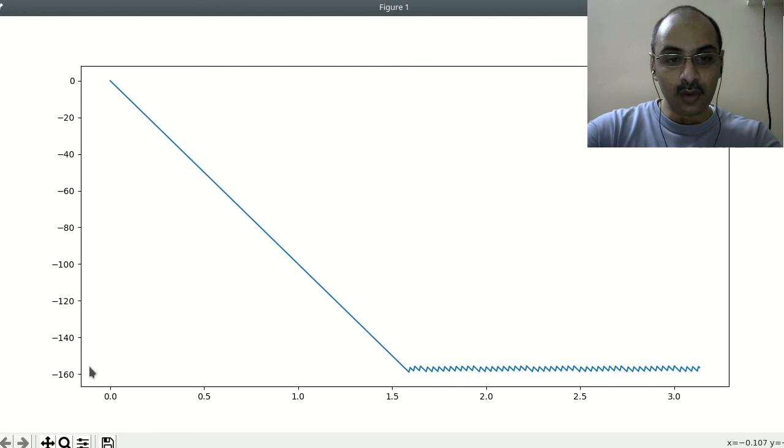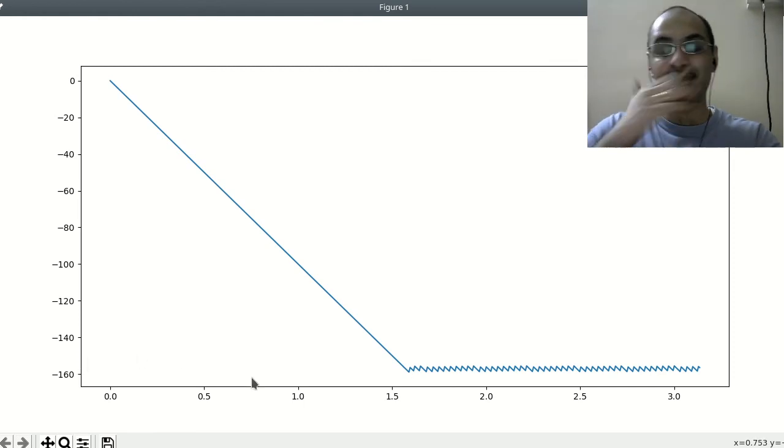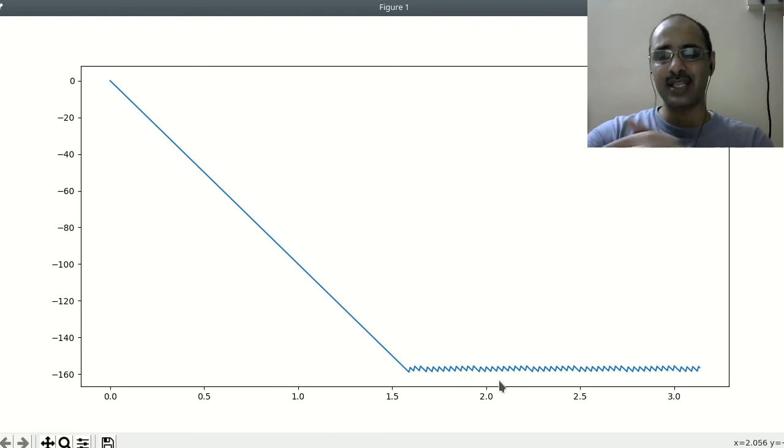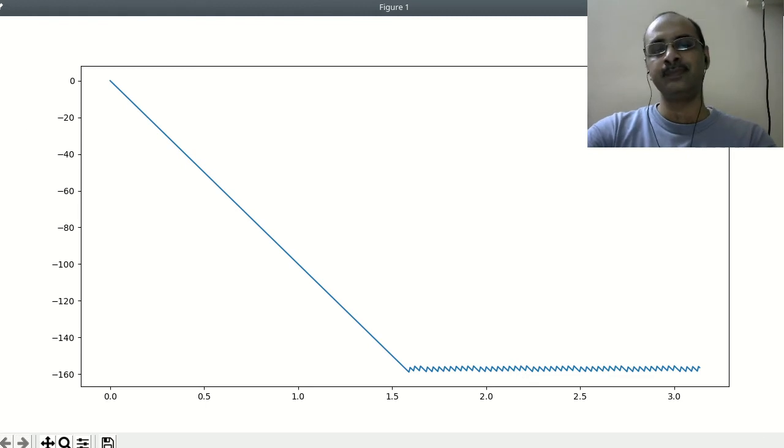This number is about 157. 157 by pi by 2, which is 1.57, is exactly 100 because we have shifted this to the right by 100. After this, there are these squiggly lines where it changes sign. You can think about why that happens, but before that we'll remark that this is the stop band, so we don't care too much about it at the moment.